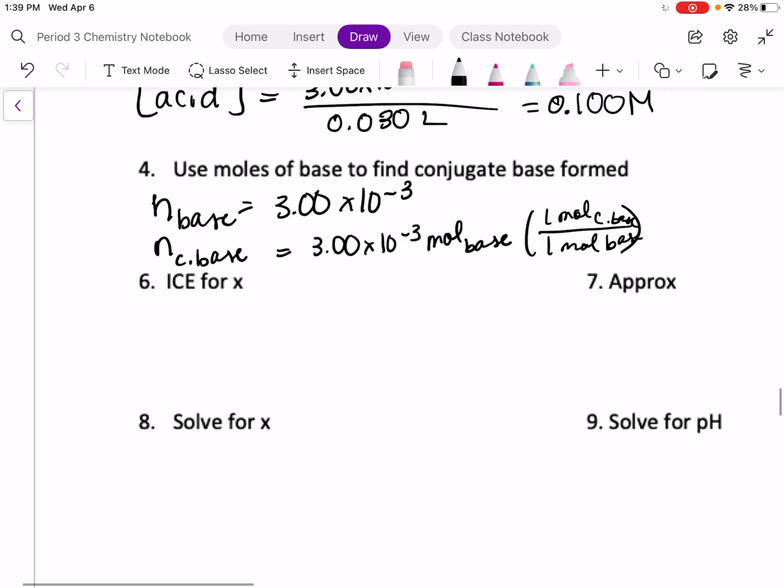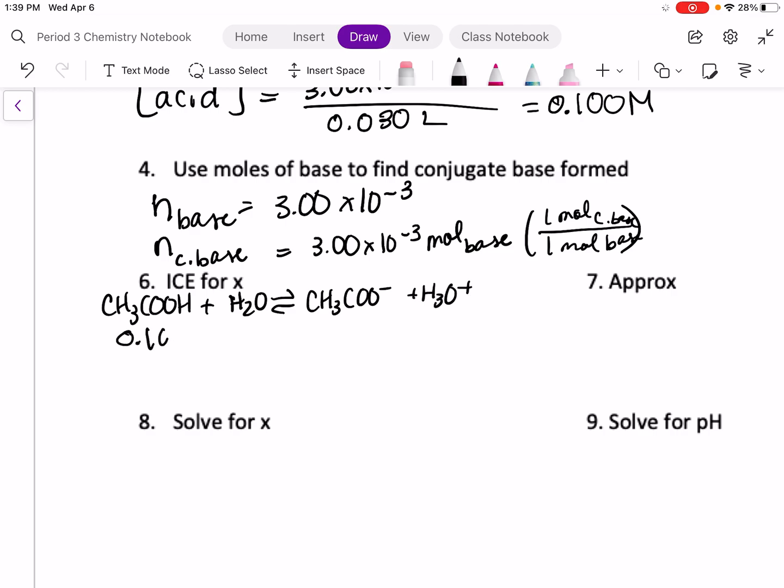Now we have 2 things to put in our ice table. First, we'll start with the reaction. We have 0.100 moles per liter of acetic acid. We also have that for our conjugate base, based on what we had from our base.